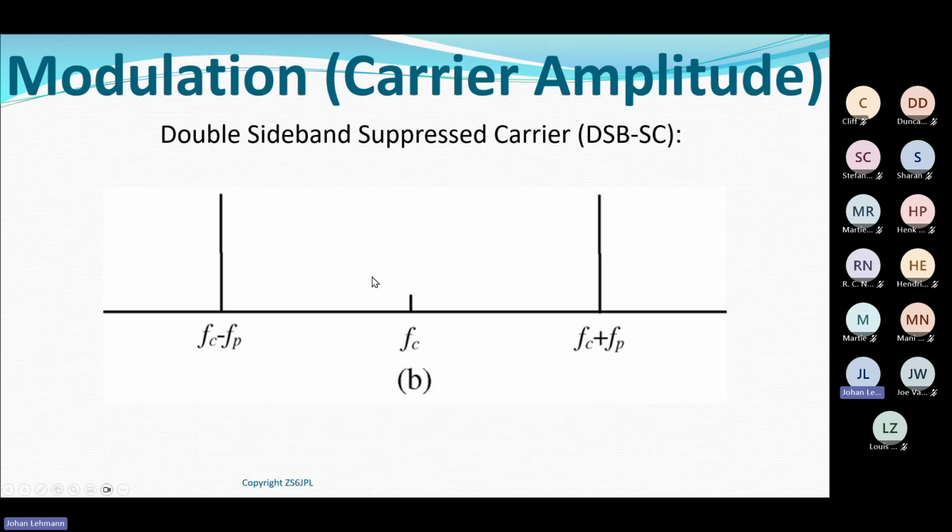But again, it is still wasteful and fruitless expenditure because this sideband is a mirror of this sideband. So half of my energy, although I've reduced the amount lying in my carrier, is still wasted because I'm duplicating my information in the lower sideband and the upper sideband. But it is also something that the amateurs did do years ago, and it is in your manual. That's why it's up on the screen for you.